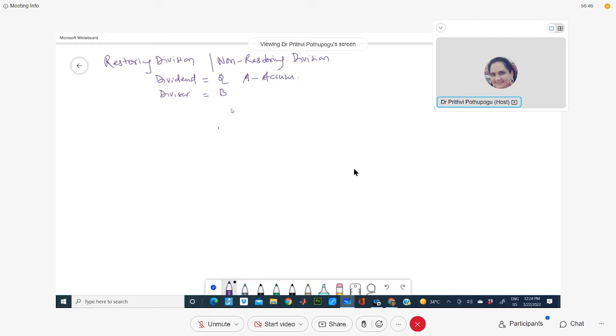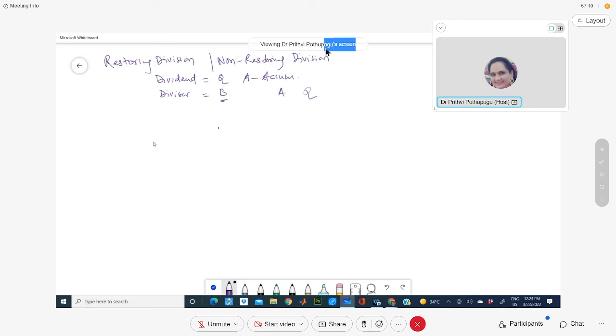Here we are not taking any extra bit, only A and Q. We try to manipulate the value of A based on whether the stored value is greater than zero or less than zero with the divisor.